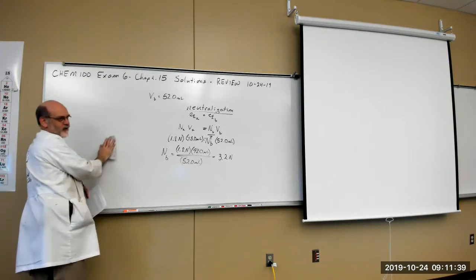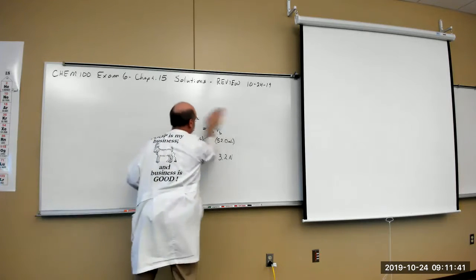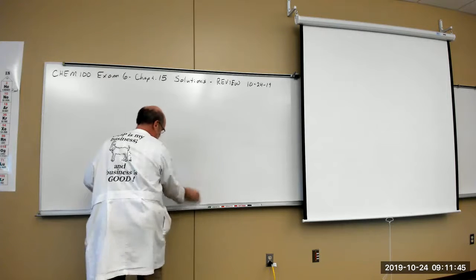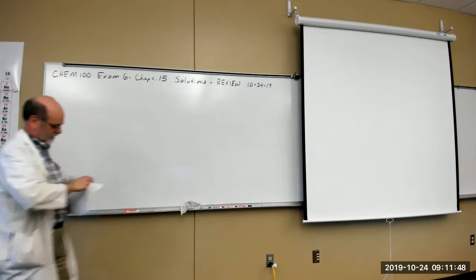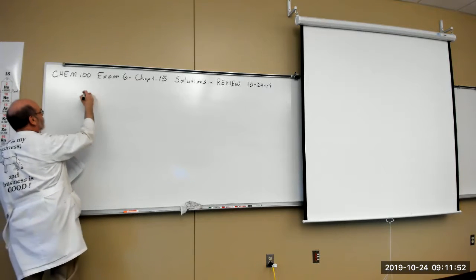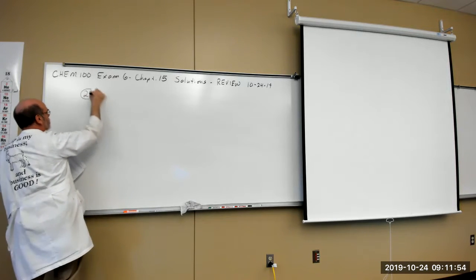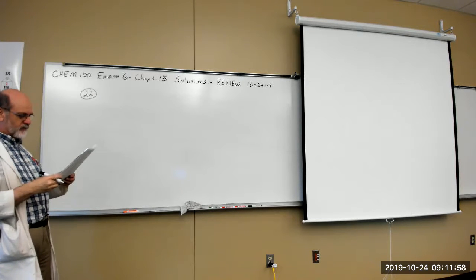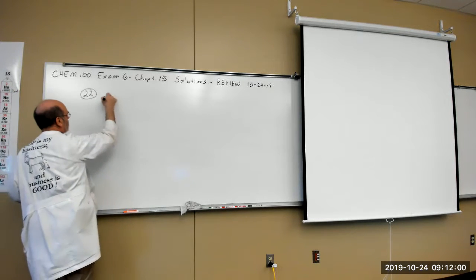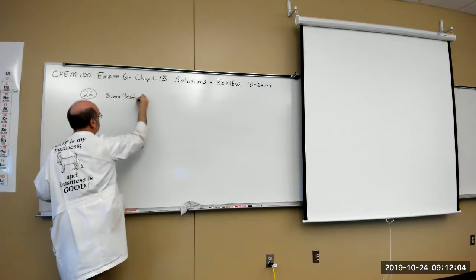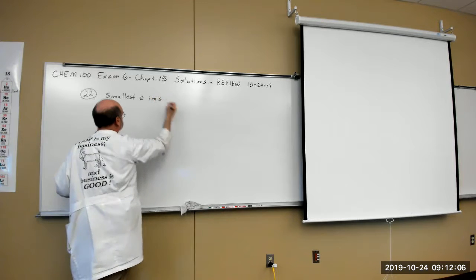Assuming you made it that far. Right. I know it's only been 2 days. But let's look at it anyway. 22. Which of the following solutions contains the smallest number of ions? So that's what we're looking for, the smallest number of ions.